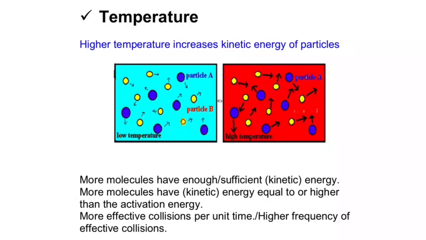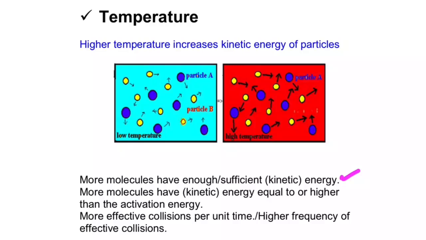So let's take a look. Higher temperature increases the kinetic energy of particles. Makes sense because we define temperature as the average kinetic energy of the particles, right? Let's see what the collision theory says. Therefore, more molecules have sufficient kinetic energy when the temperature is increased.